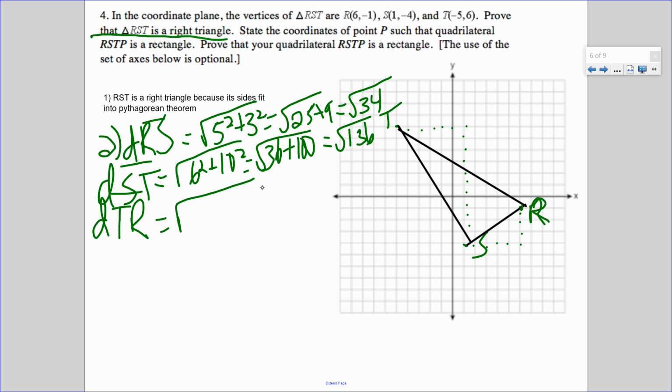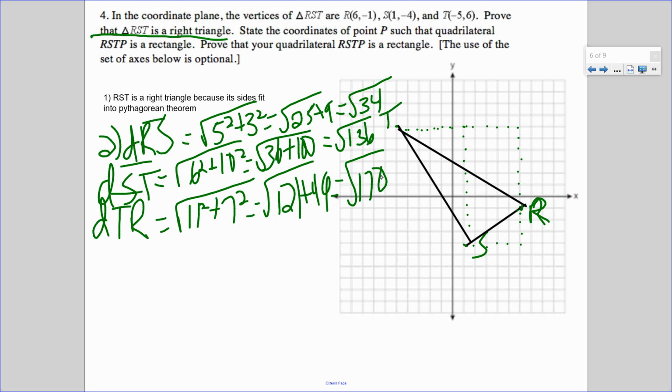And finally, TR is 1, 2, 3, 4, 5, 6, 7, 8, 9, 10, 11 and 1, 2, 3, 4, 5, 6, 7. That's 11 squared plus 7 squared. 121 plus 49 is rad 170.